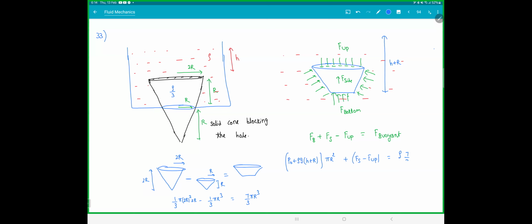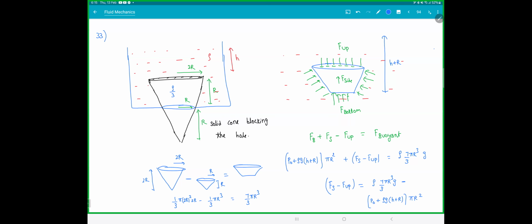So the buoyant force will be rho times 7 by 3 pi R cube G. So from here, F side walls minus F up is rho into 7 by 3 pi R cube G minus (P naught plus rho G (H plus R)) into pi R square. Is this clear, everyone? So I got the F up and F side walls cut together component.